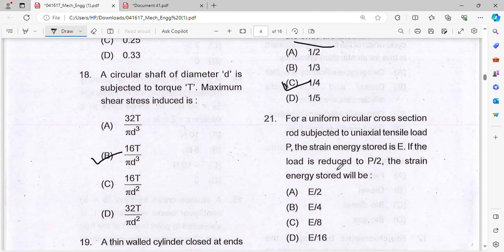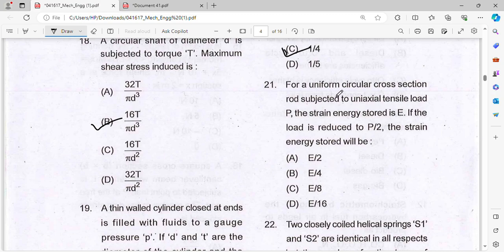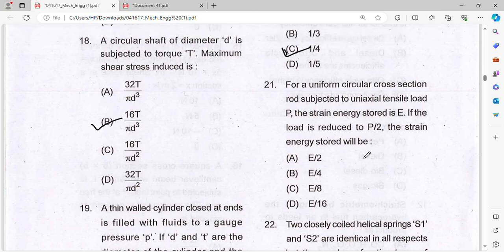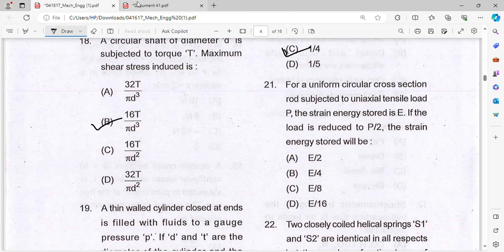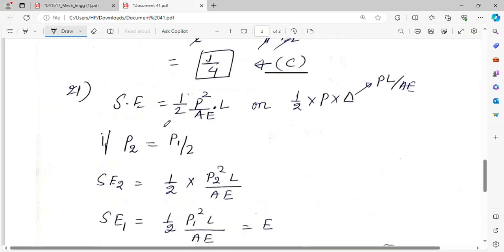Next, question number 21. For a uniform circular cross-section rod subject to uniaxial tensile load P, the strain energy stored is E. If the load is reduced to P by 2, what will the strain energy stored be? So the explanation: we know strain energy is equal to half P square L divided by AE.